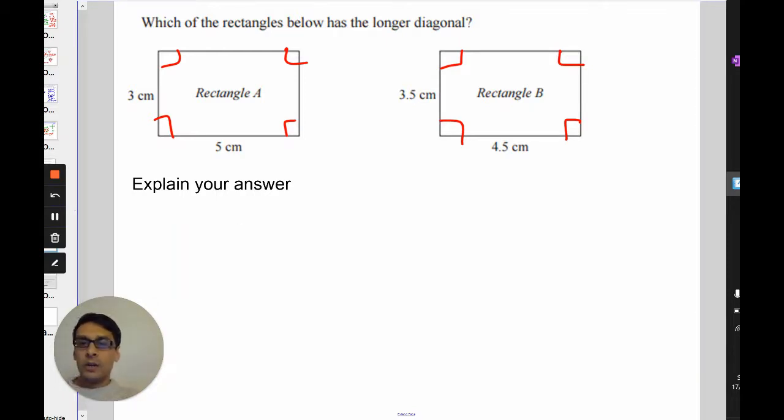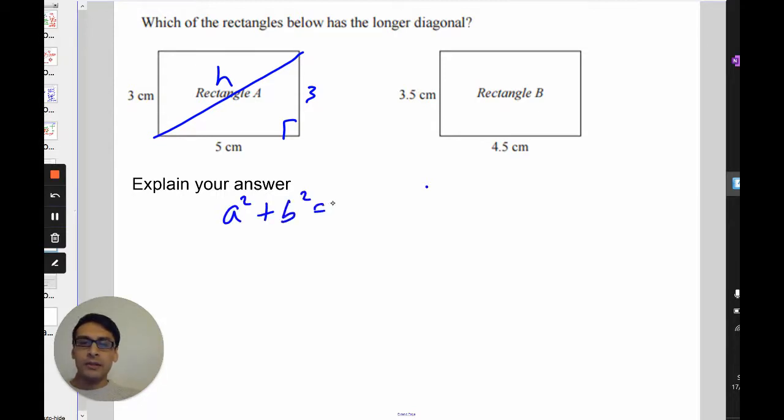So the first thing I want to do is find my right angle triangle and then label it and go through it. So here I can see that also has to be 3. So this is going to be a hypotenuse. So a squared plus b squared equals h squared. That's going to be 5 squared plus 3 squared equals h squared.